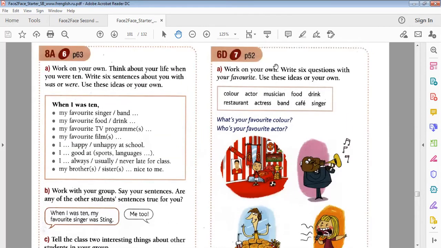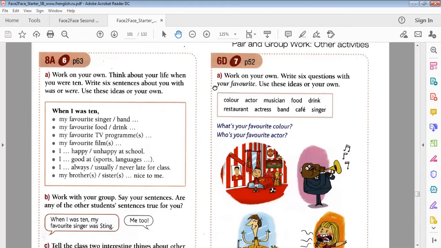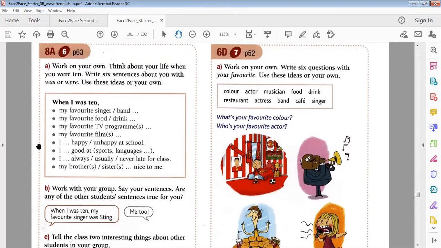So let's start with Basma as an example. So Basma, I'd like you to talk about yourself when you were 10. So give us some information, tell us about yourself, what you like, what you don't like, tell us a bit about yourself. And of course you have to use was and were, and then you continue, okay? Do you get the question?